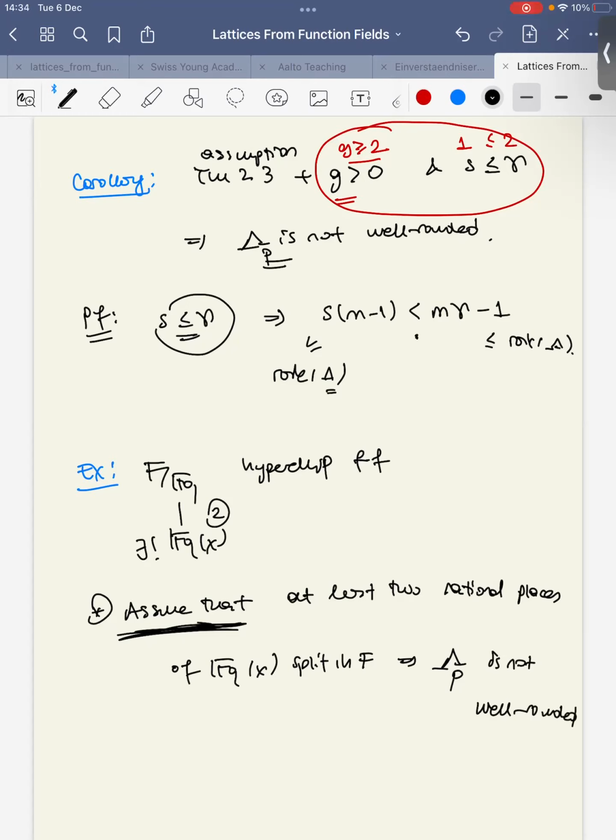In the research paper, they provided several examples other than the hyperelliptic function field, so it's worth checking these equations as well.